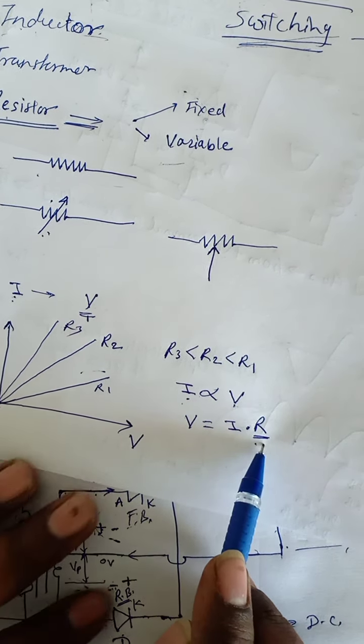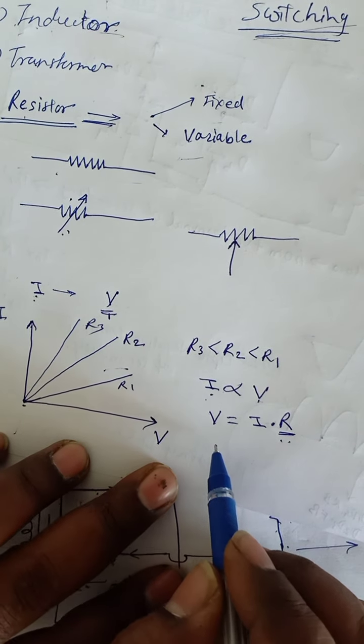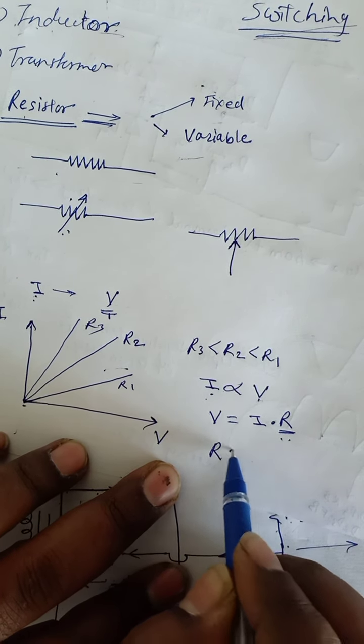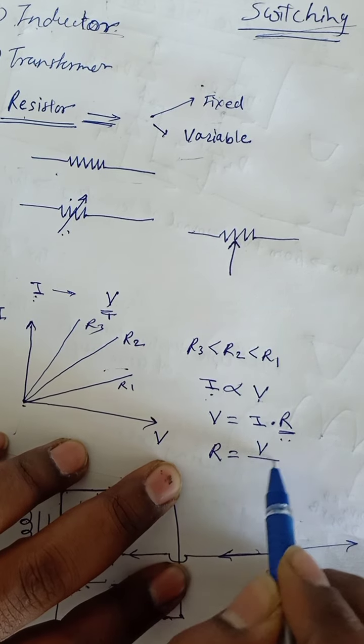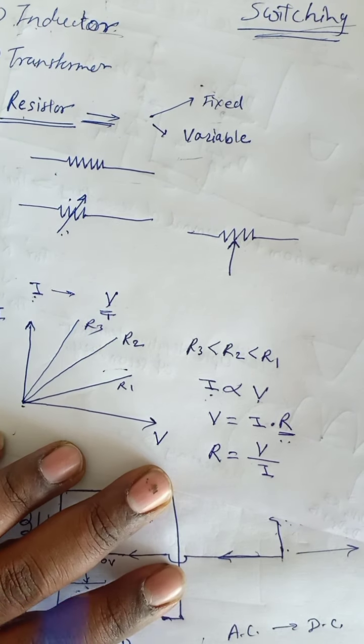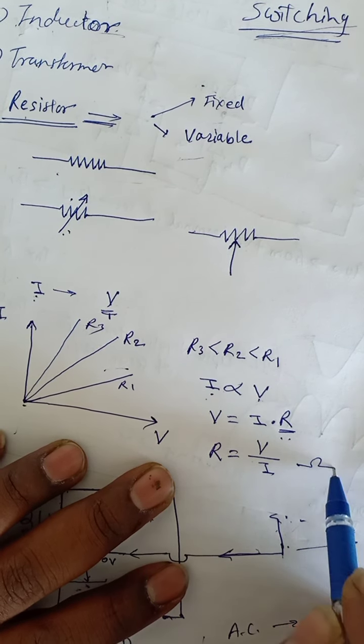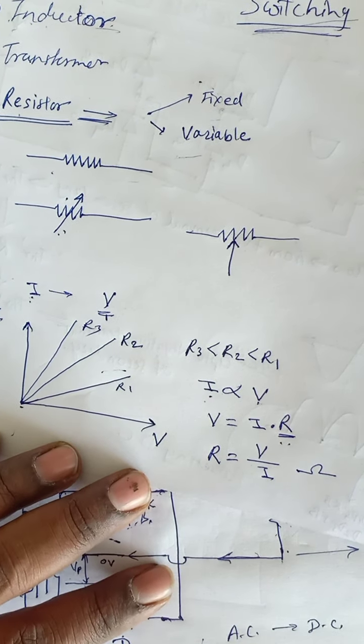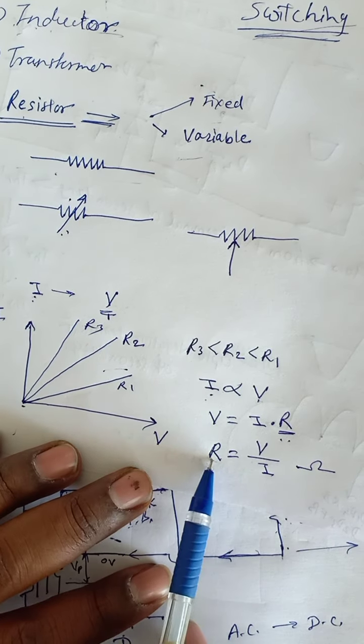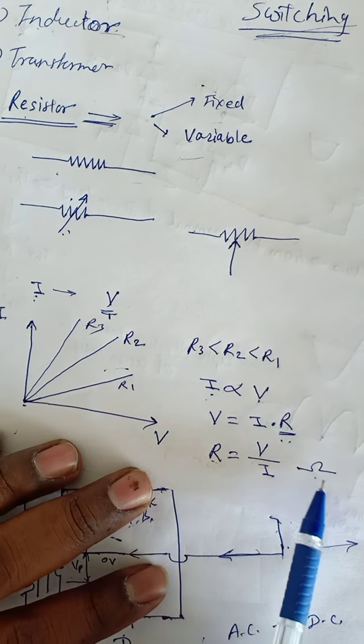If we write like this, R equal to V by I, so this is the proportionality constant, which is measured in ohm.